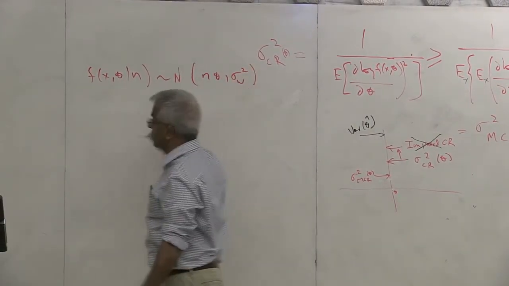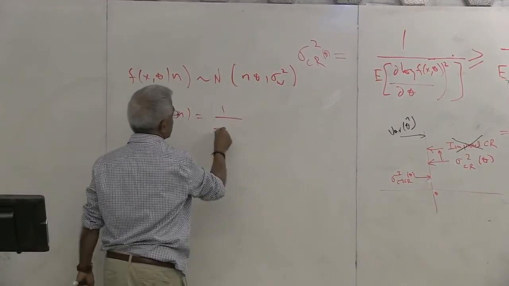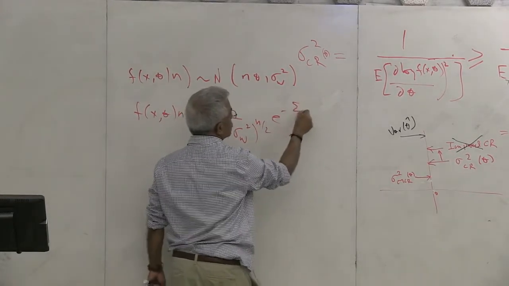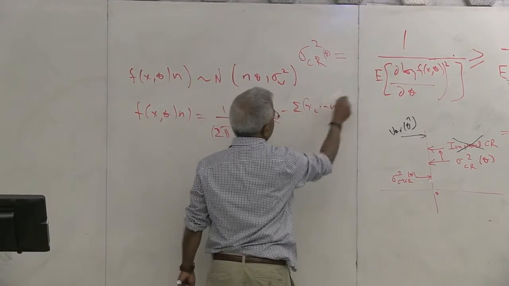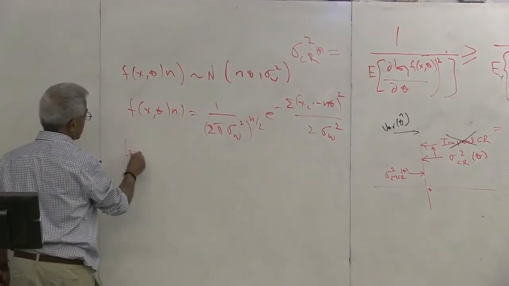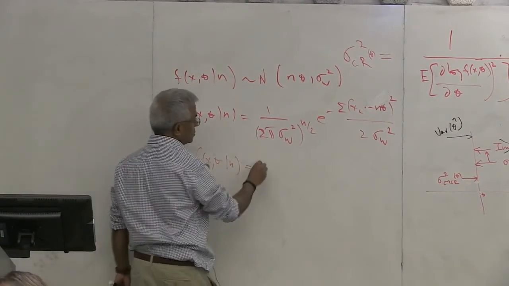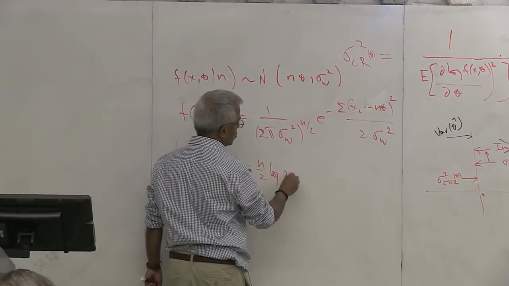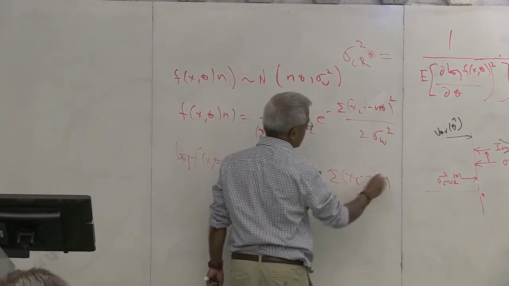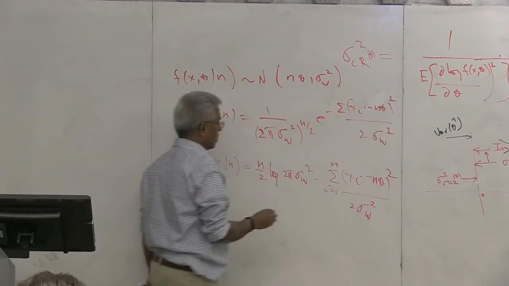All right, very good. So let's look at the joint density function of x given n: 1 over square root of 2 pi sigma w squared to the power n by 2, e raised to minus the sum of xi minus mean, the whole squared, over 2 sigma w squared. Right? So let's take the logarithm of f of x, theta given n, which is minus n by 2 log 2 pi sigma w squared minus the sum of (xi minus n theta) squared over 2 sigma w squared.